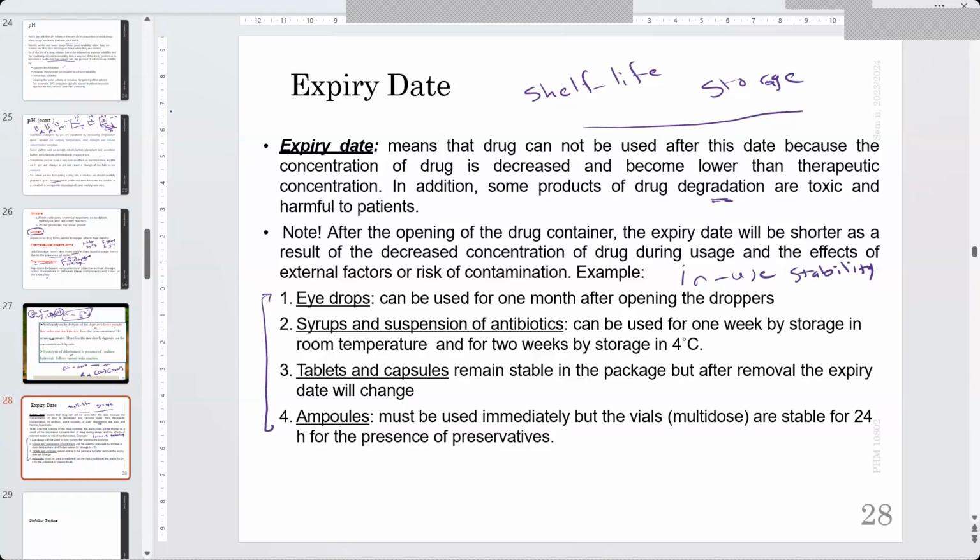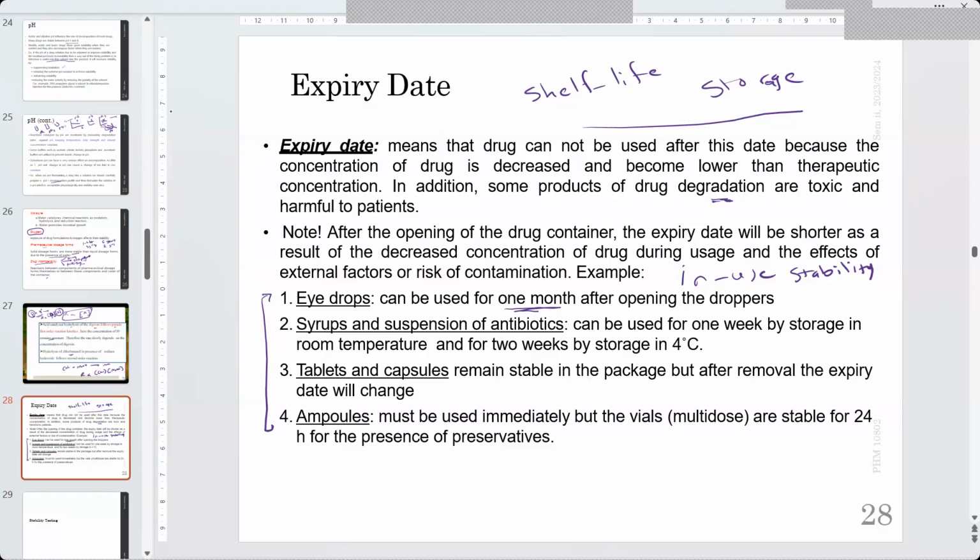So mainly because of microbial instability, there is a different rule applies after we open the container. If we open eye drops, we can use it within 1 month only after opening. Even the expiry date still valid. Even we didn't reach the expiry date yet, but we should follow this rule.